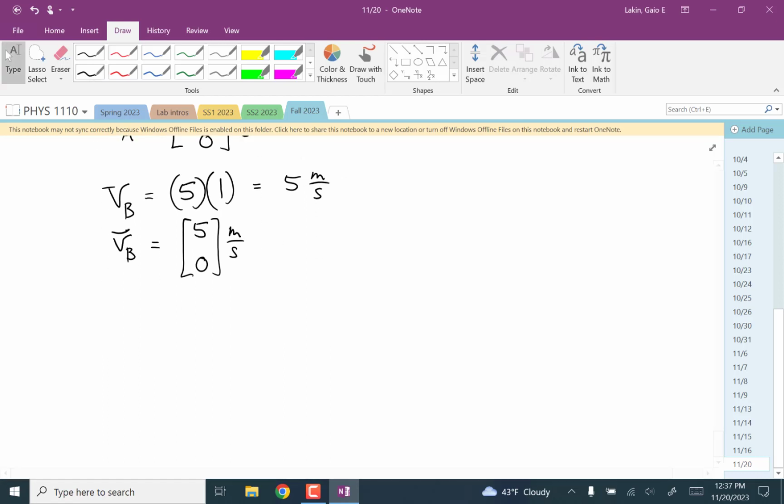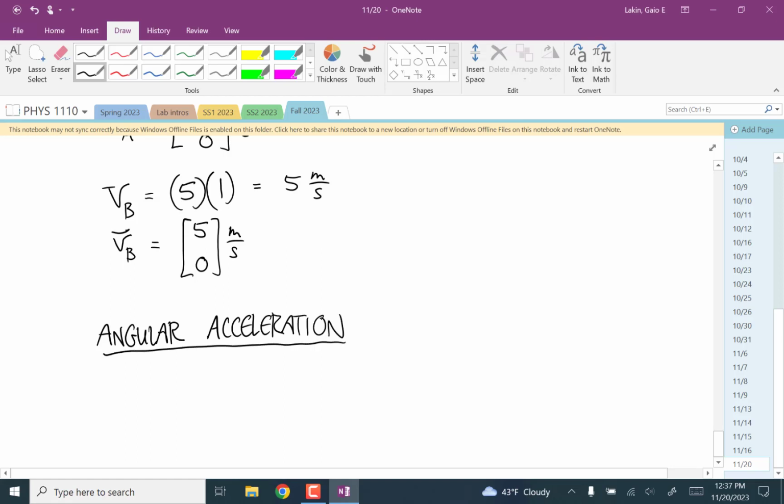So now we have to talk about angular acceleration. The angular acceleration symbol we're going to use is lowercase alpha, Greek letter alpha.